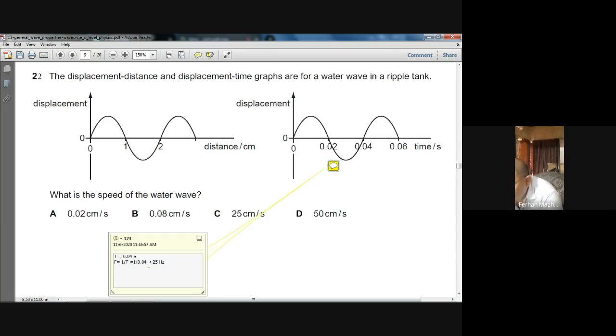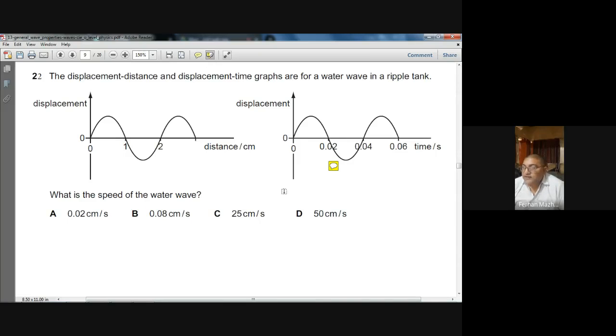The wave equation is V equals f lambda. So f is 25 and lambda is 2 centimeters. My answer will be 50 centimeters per second. So the answer is D.